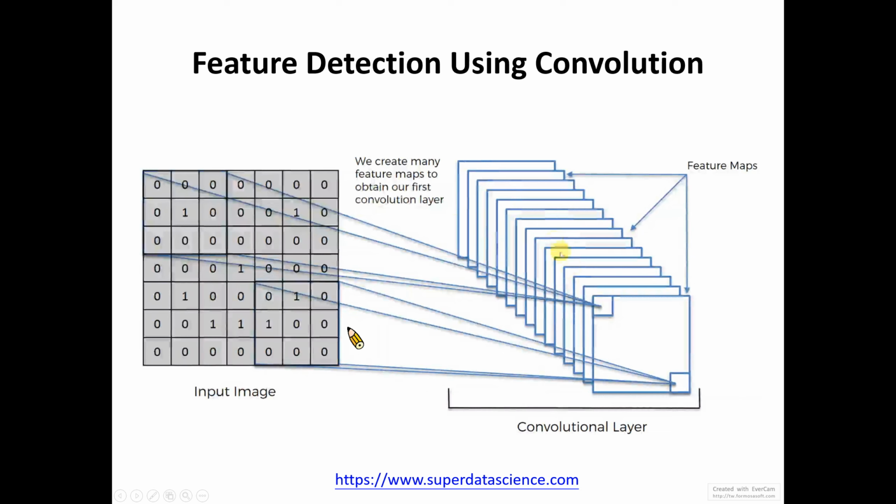So usually we will use more than one feature detection pattern to derive the feature maps. So for one input image, we will derive several convolutional layers or feature maps in the convolutional layers. And so we need some way to combine information from these feature maps.